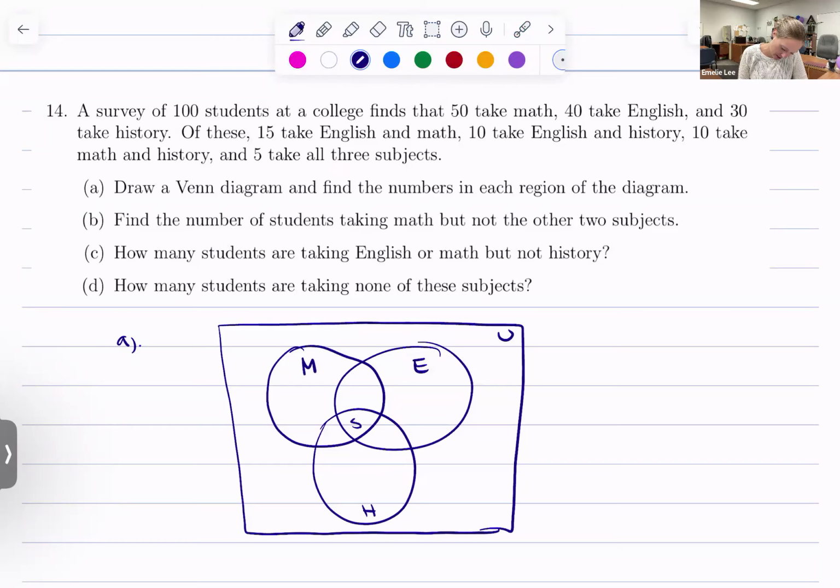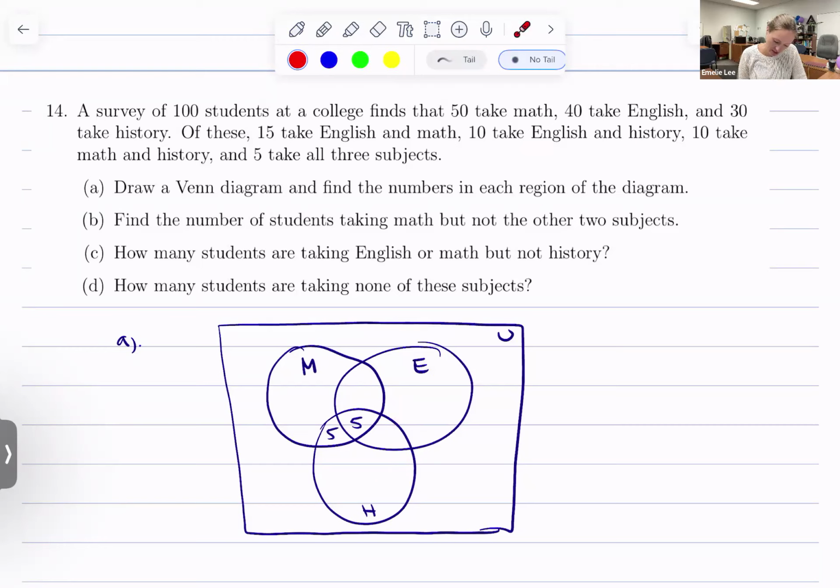So I know I have 5 in this region. Working backwards, 10 take math and history. Total of 10 in the overlapping region. Now I've already written down 5, which means I have 5 left. 10 take English and history.